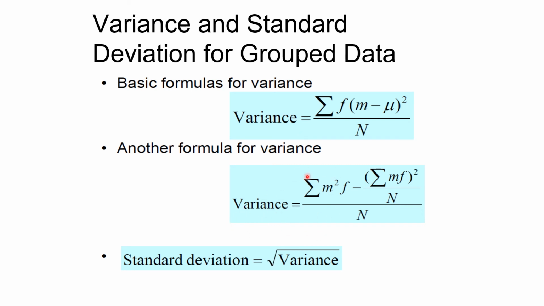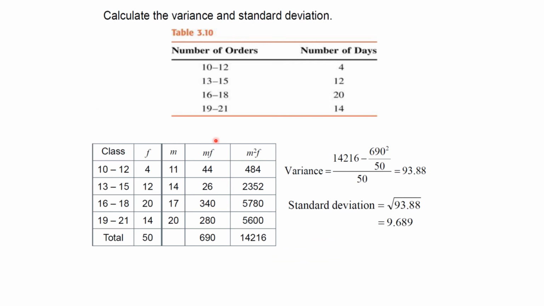This is an alternative formula, whichever you would like to use, you're free to use. And standard deviation again is the square root of variance. So this is specifically for group data. Whatever has a frequency f is group data. Next slide, we will look at one example.